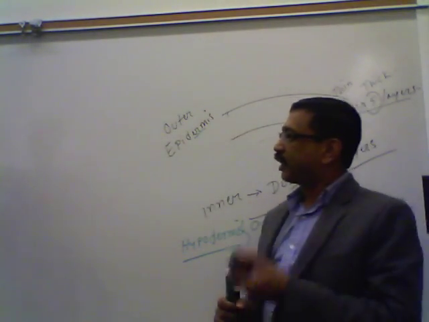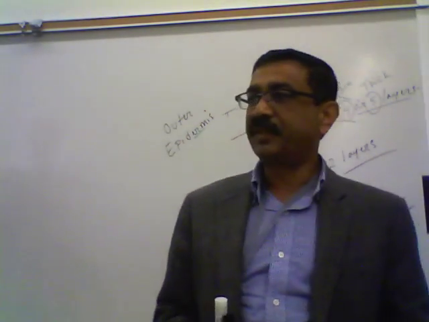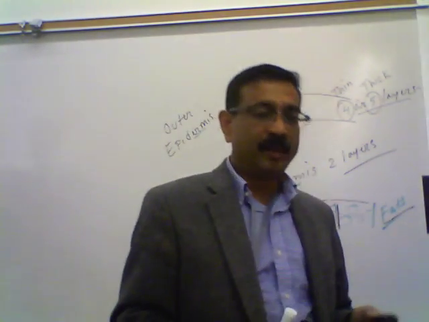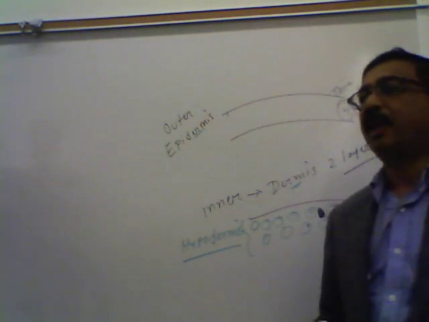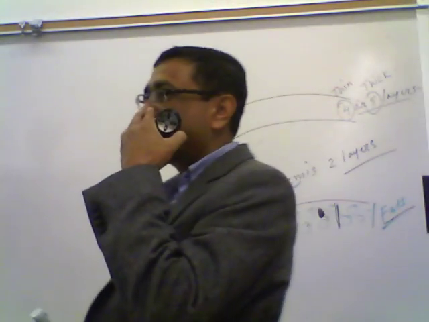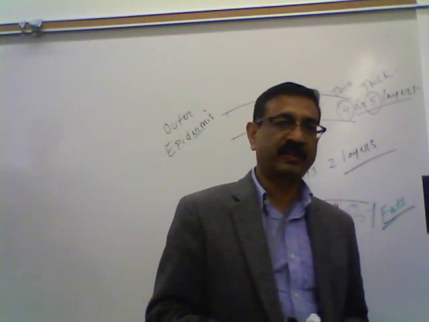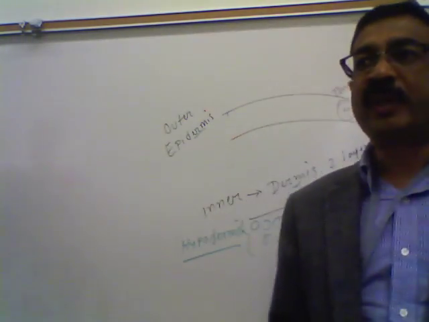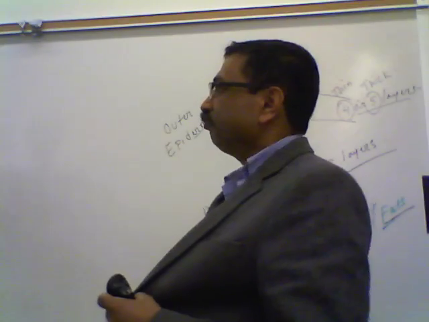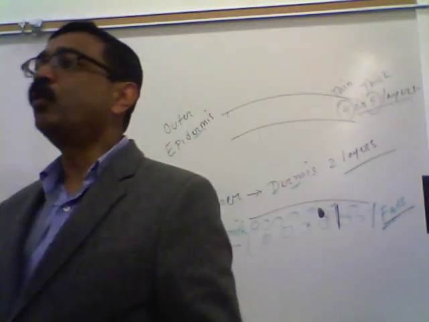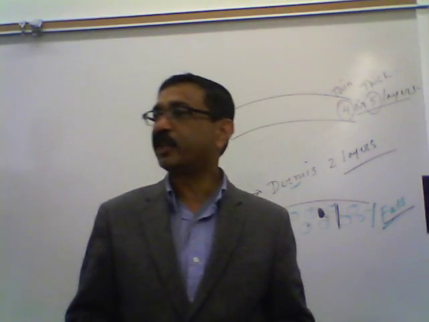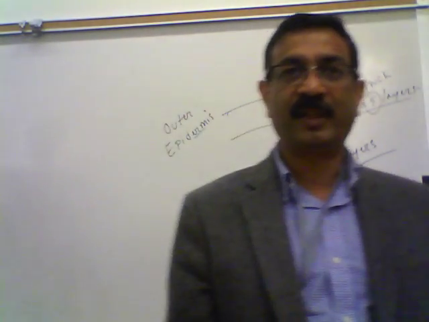Important structures found in the skin. In your skin, you have some structures, glands, two types of glands, sweat and sebaceous glands. Sweat glands are responsible for thermoregulation, regulation of body temperature that I have already explained to you.